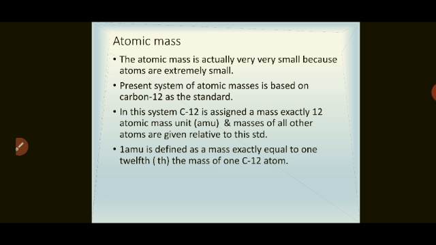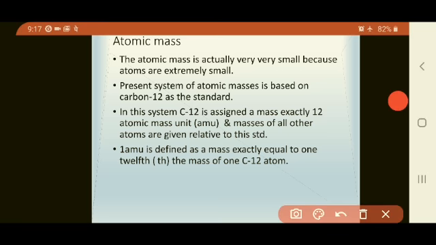Now, what is 1 AMU? It is defined as a mass exactly equal to 1/12 the mass of one C12 atom. Now, what is meant by this? Just see, if we take one atom of carbon, which carbon? Carbon 12 isotope.